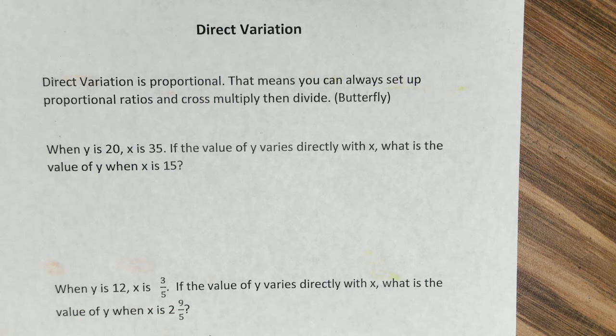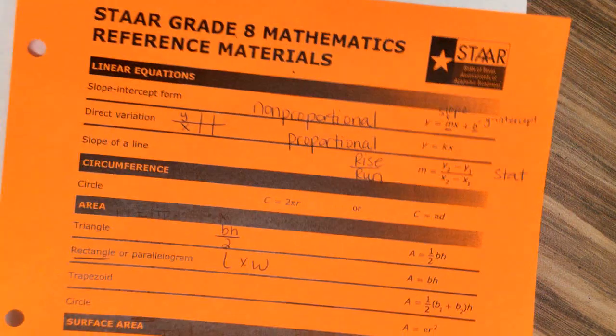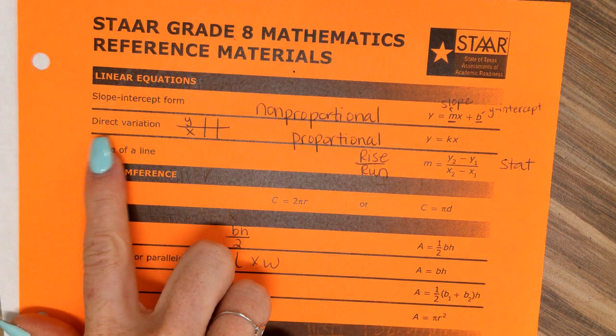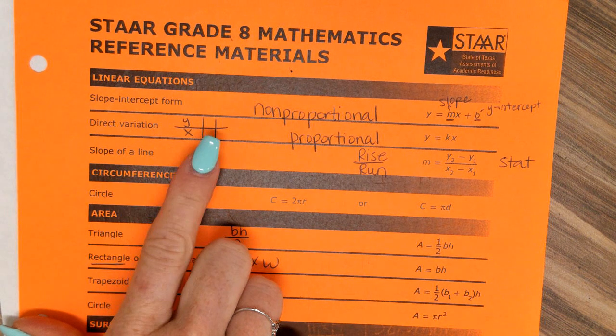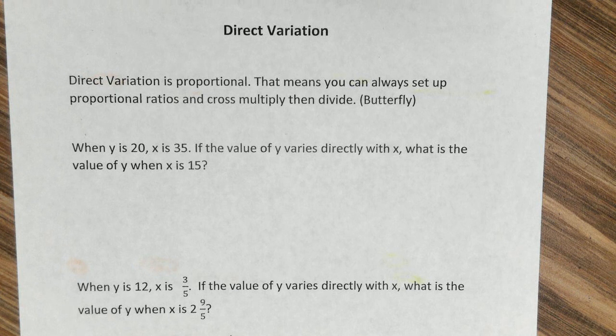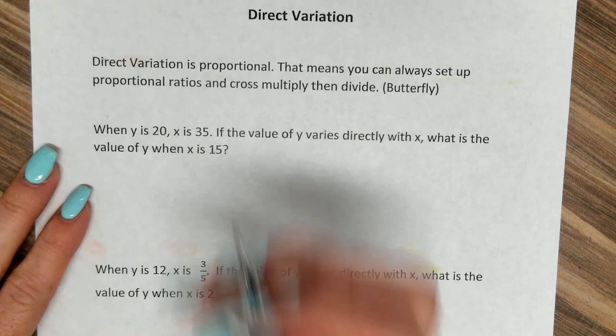The last part of today's lesson is direct variation. And every day on our warm-ups that we write on, when it varies directly, we make a box. So let's do that. Direct variation means proportional. It means you can always set up a box and then cross multiply and divide. So here we go. Make a box.